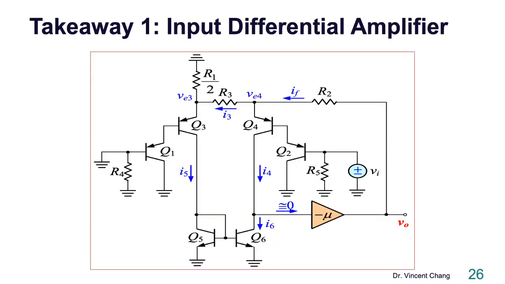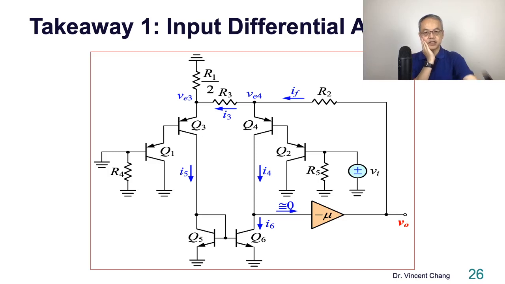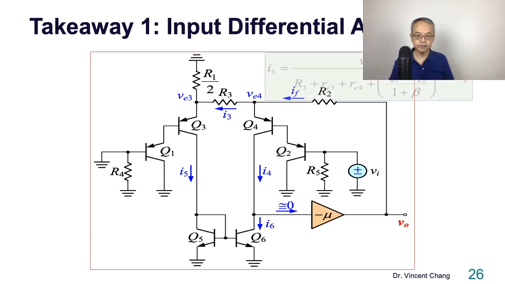So here's the takeaway. Let's stop and reflect on what we have learned so far. The first takeaway, the input differential amplifier. Focus on the emitter: the emitter current, the emitter resistance, Ohm's law, and also the direction.